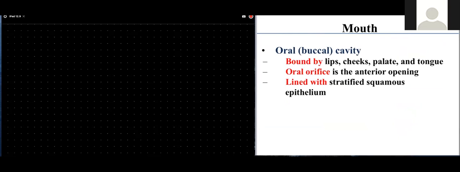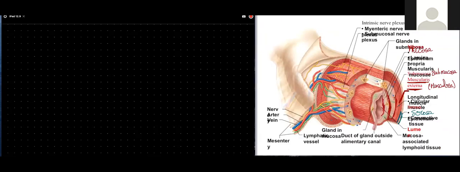All right, for the question here from Happy. For the different layers, yes, you need to know the names of the 4 layers. We don't need to know the different substructures in those layers for now. On this diagram, this is another 5 stars diagram.